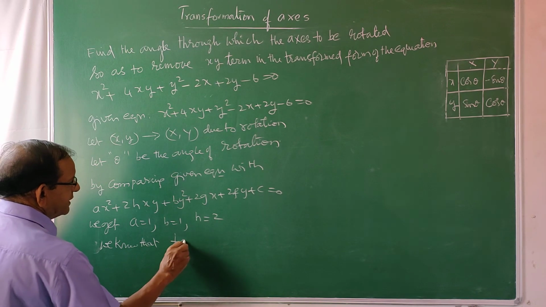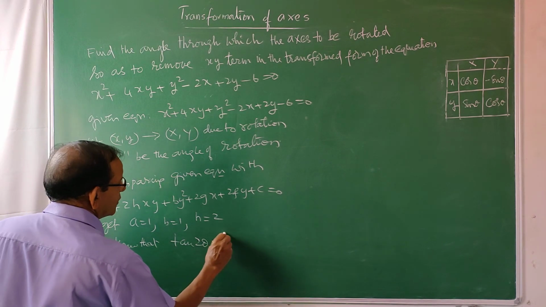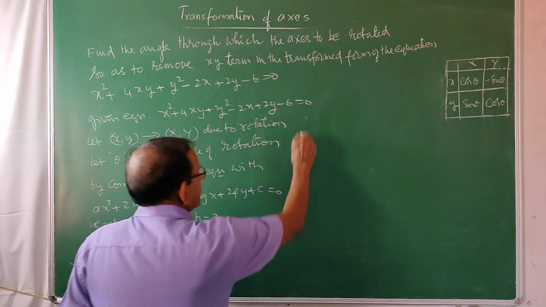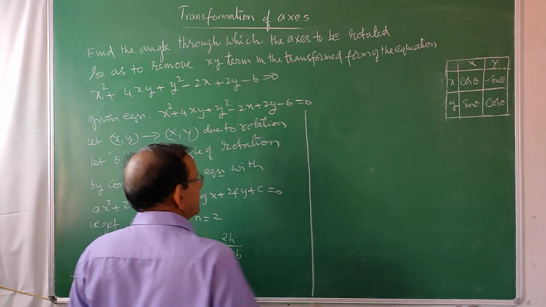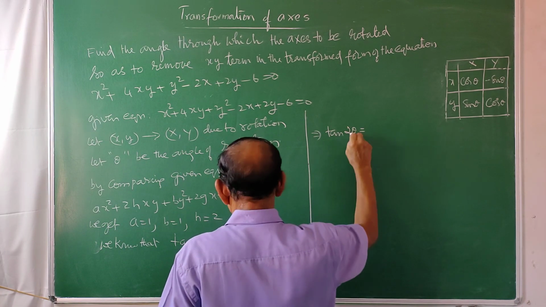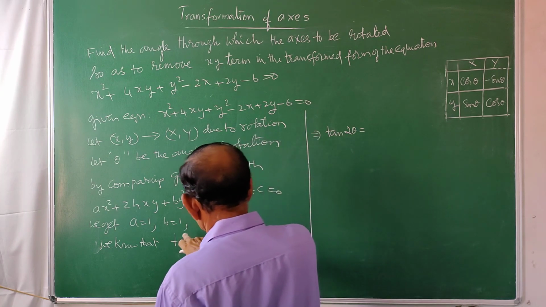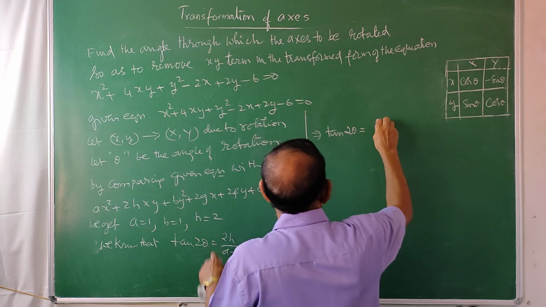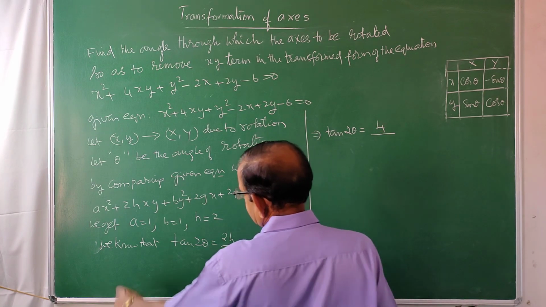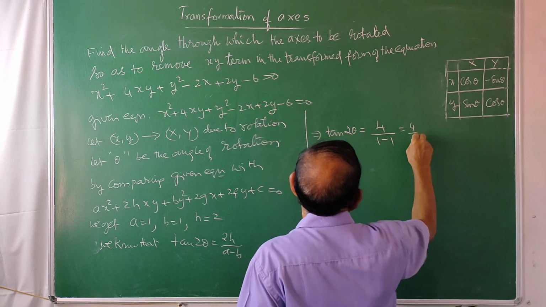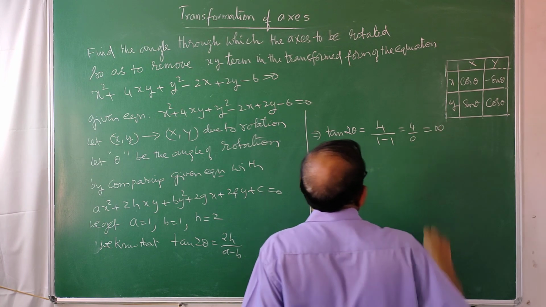tan 2 theta is equal to 2h by a minus b. That implies tan 2 theta is equal to 2h, but h is 4, sorry, h is 2, 2h means 4, by a minus b, that is 1 minus 1, that is 4 by 0 we are getting, but we will consider this as infinity.